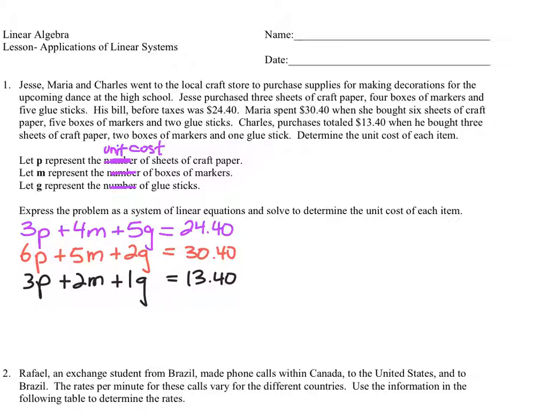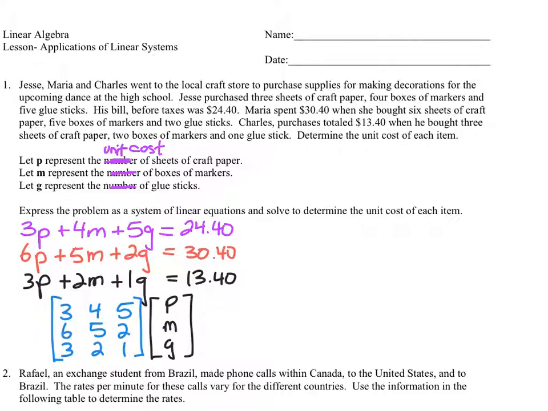And that transition would be, let me actually do it in a completely different color, 3, 4, 5, 6, 5, 2, 3, 2, 1, multiplied by PMG.